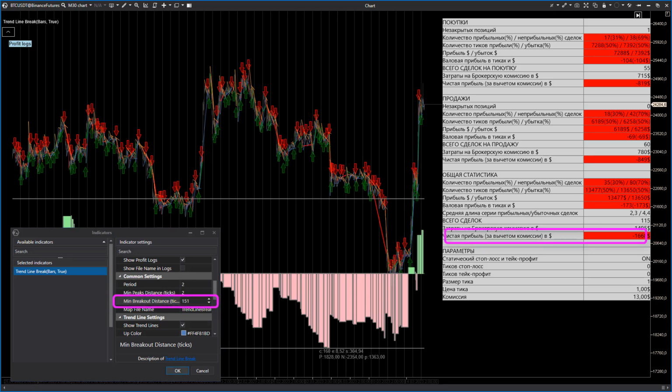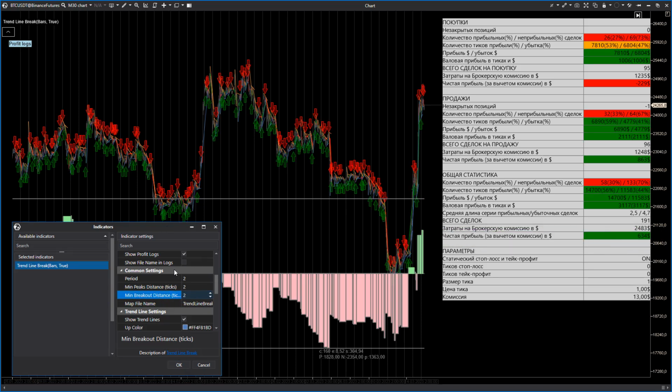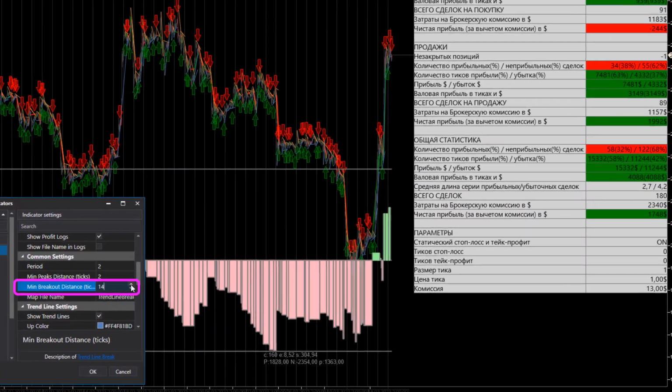As you can see, the increase does not help. Let's decrease it by 2 and try to check the lower part of these settings.